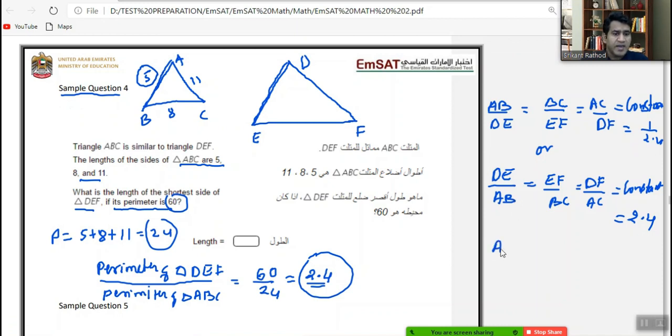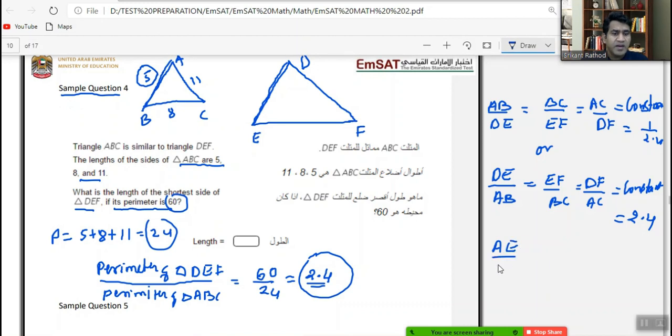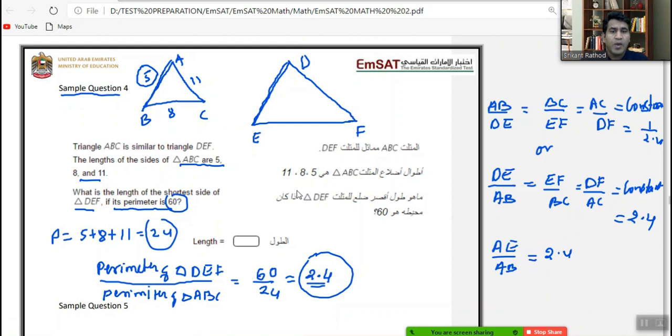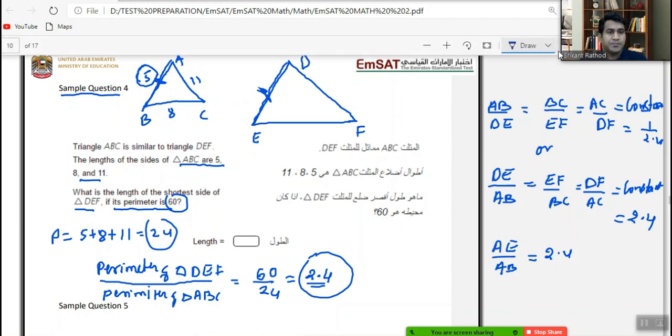I can write DE divided by AB should be equal to 2.4. I am taking it as DE because if this is 5, then this side also should be the smaller side in this triangle, because they are similar sides. So this side and this side are similar. That's why DE, not AE.